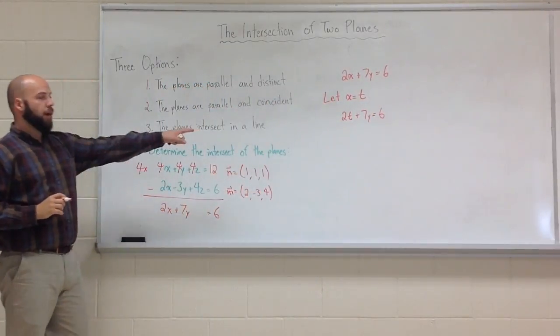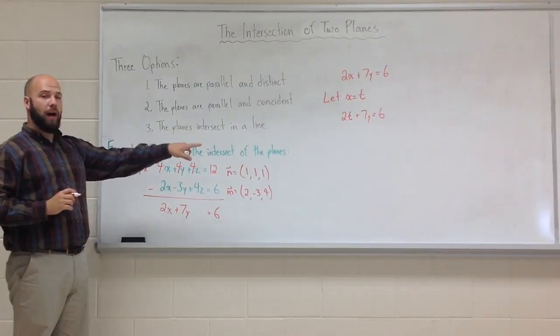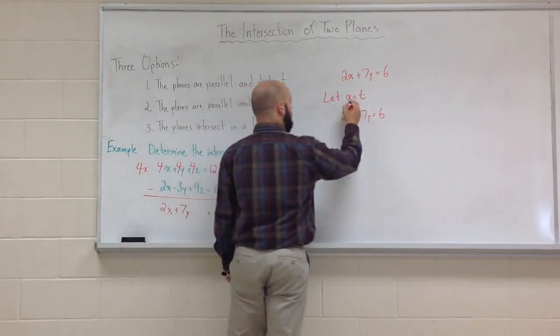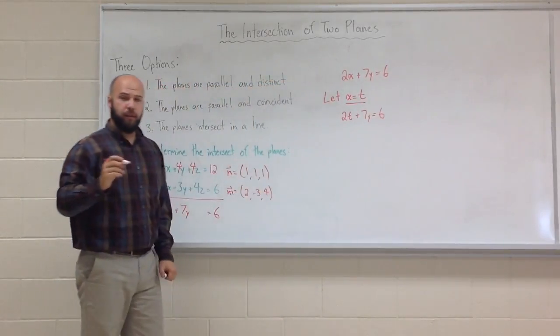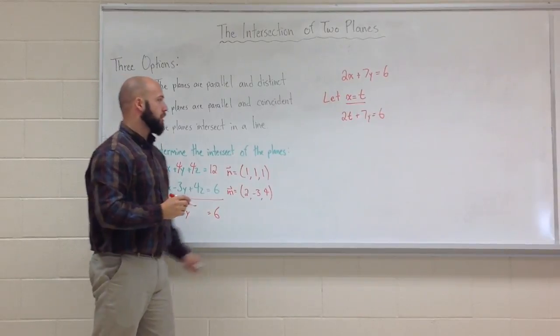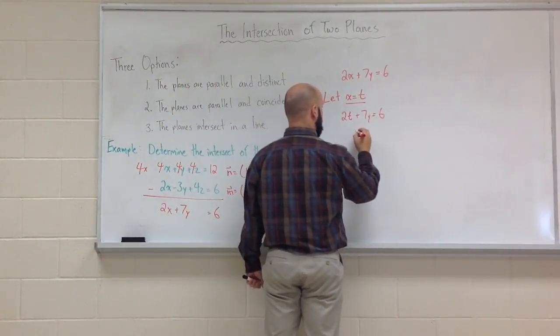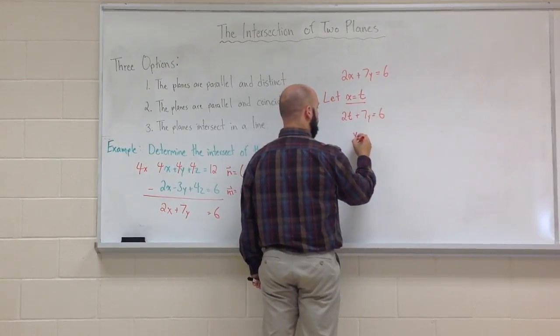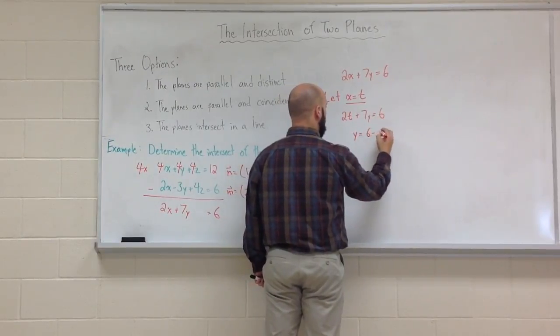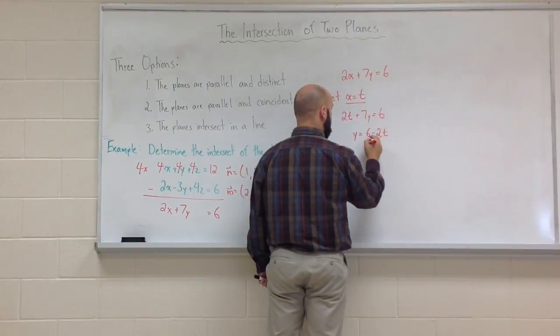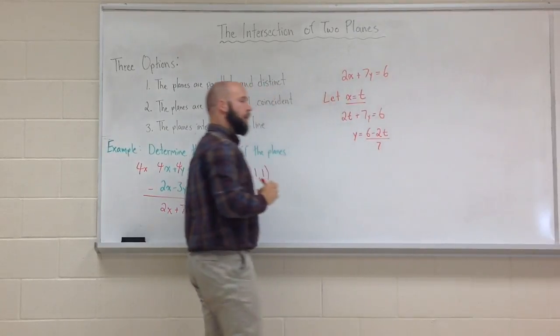We can now rearrange that equation for our y. Letting x equal t gave the x equation for our parametric equations, and rearranging here will give our y. So y will equal 6 minus 2t, all divided by 7.